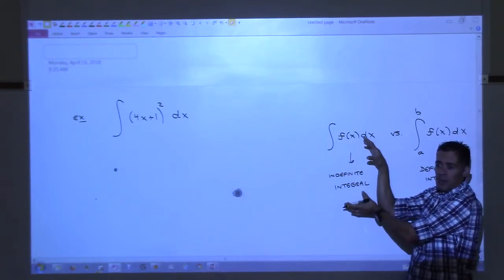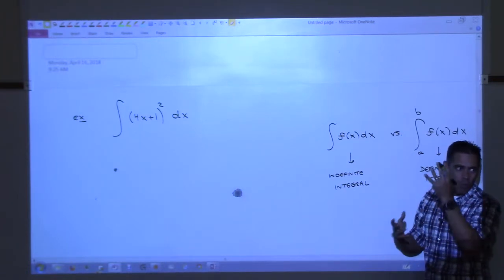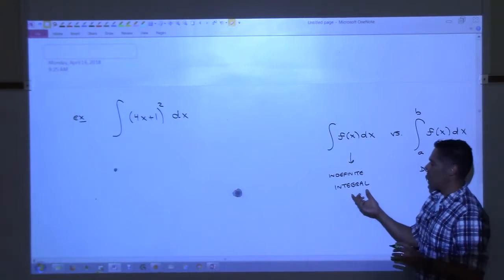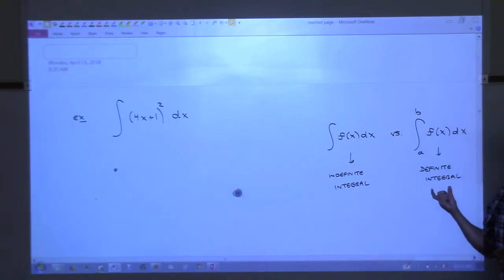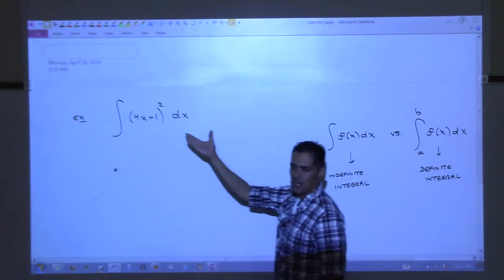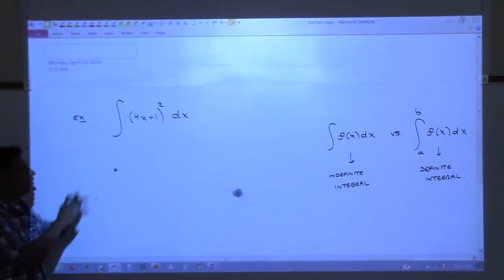It could be an infinite number of functions. You aren't quite sure which one, they all work. So you're not really definite about the answer. You're within a constant. This is the area under a curve, and that is a definite numerical answer. And so this is called the definite integral. This is called the indefinite integral. So I want capital F of x plus c here.